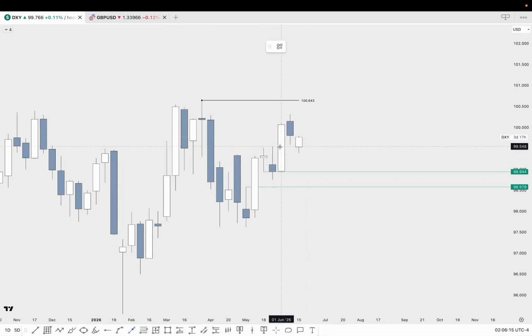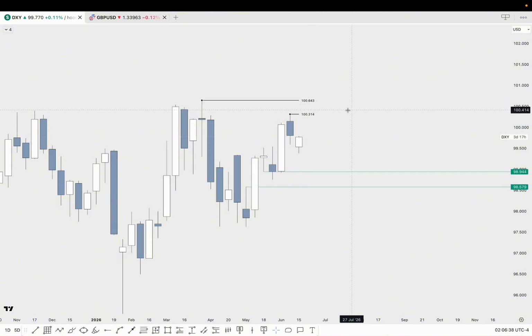Since we are in the discount of the range, I want to see price expand higher towards the 100.643 level. The first target, the first draw on liquidity, will be the previous week high, which is the 100.314 level, and the final target at the 100.643 level.